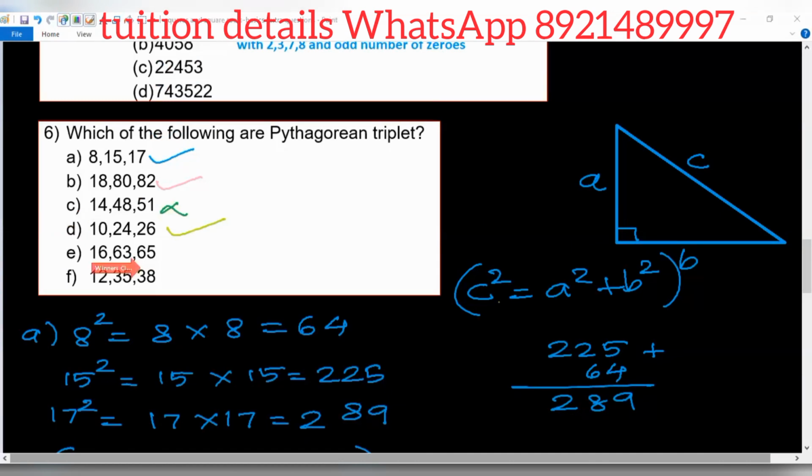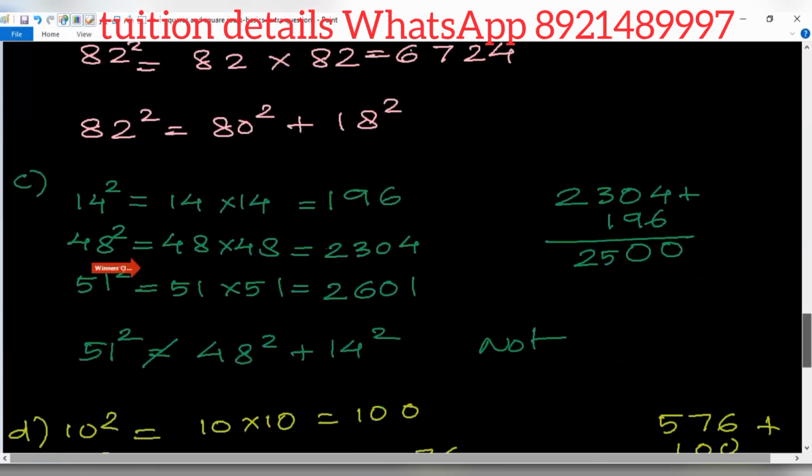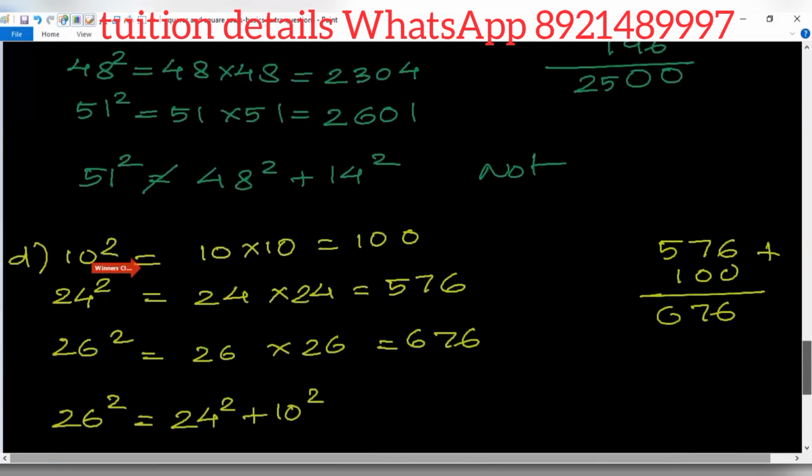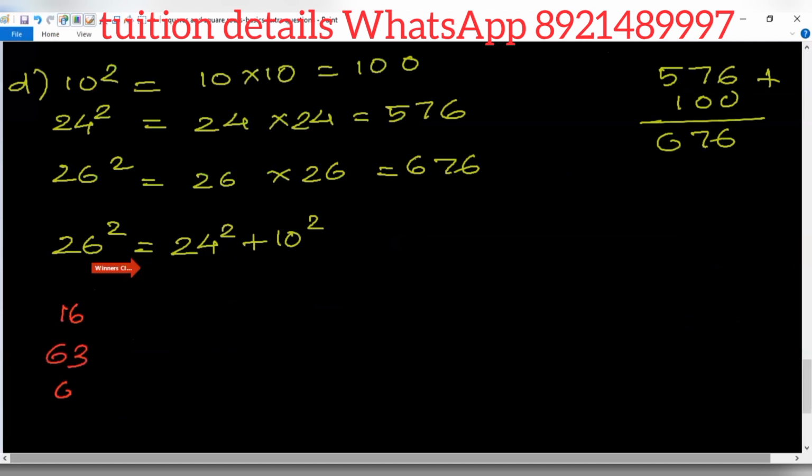Next, we have 16, 63, and 65. So we have to find the squares of 16, 63, and 65 and then we have to check.